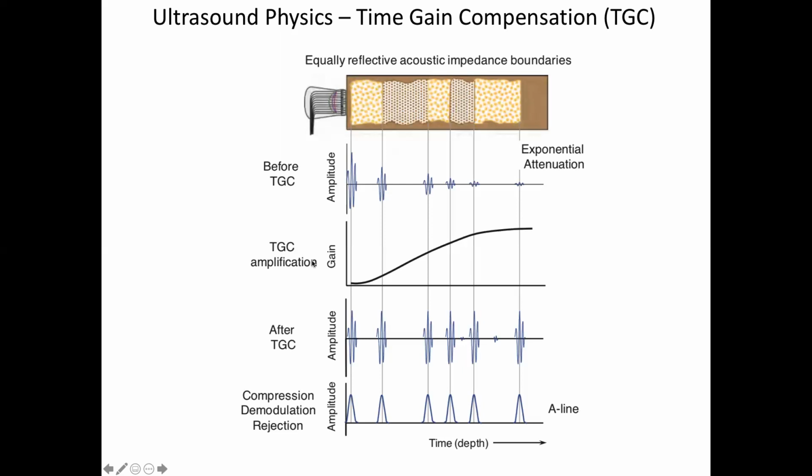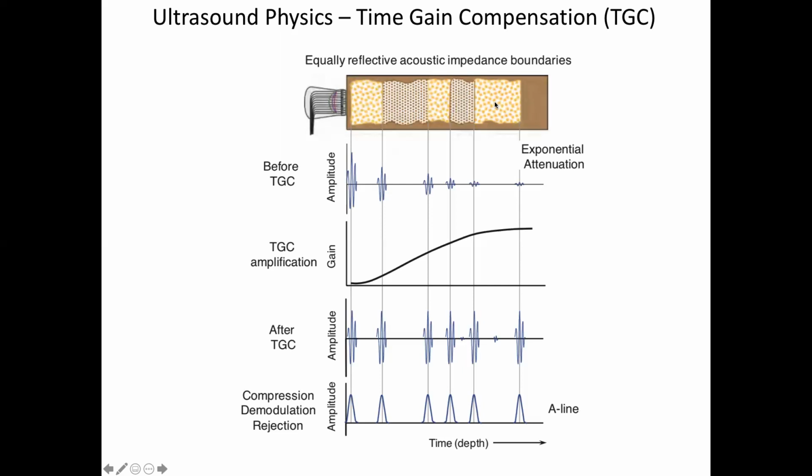So anyway, you apply this time gain compensation, and this is a very sketchy curve. This is a log scale, okay? This curve here. After that, because all of these are the same transition, you would actually like them to have the same amplitude, right?